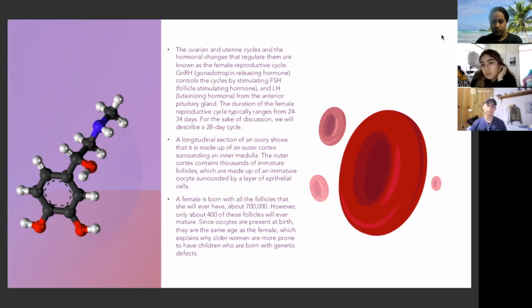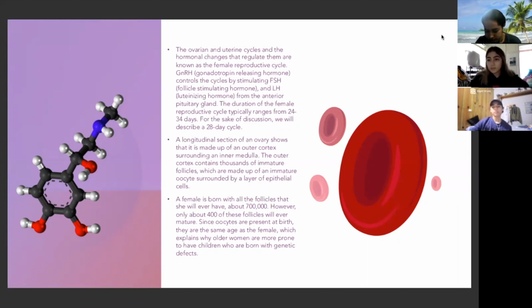A longitudinal section of an ovary shows that it is made up of an outer cortex surrounding an inner medulla. The outer cortex contains thousands of immature follicles, which are made up of an immature oocyte surrounded by a layer of epithelial cells.